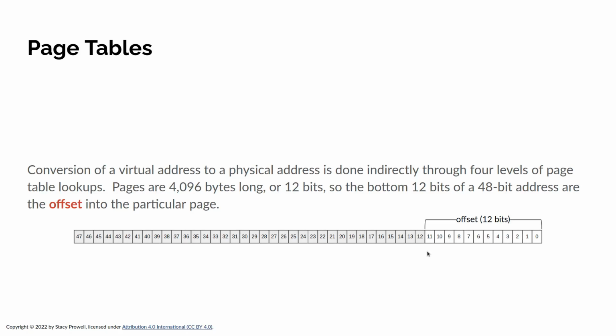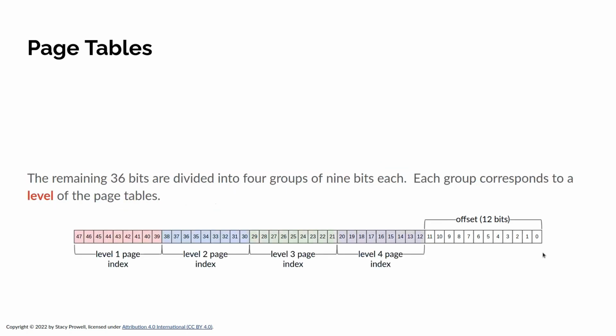So this means the bottom 12 bits, bits 0 through 11, are really just an offset into a particular page. So we can just forget about them because they're just an offset into the page. What we really want to do now is find the page. So the way we do that is through a series of levels. The top bits tell us the level 1 page index.